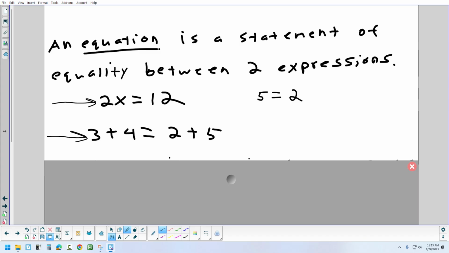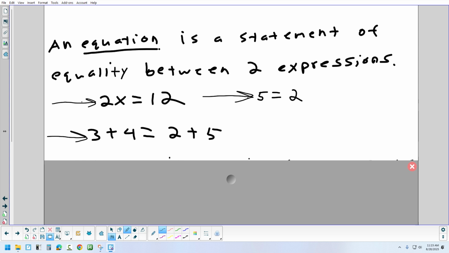That's called an identity. An identity is when you have the same thing on the left and on the right in an equation. And this last one over here, it is an equation. It's not true. It's a contradiction. So conditional, identity, contradiction.